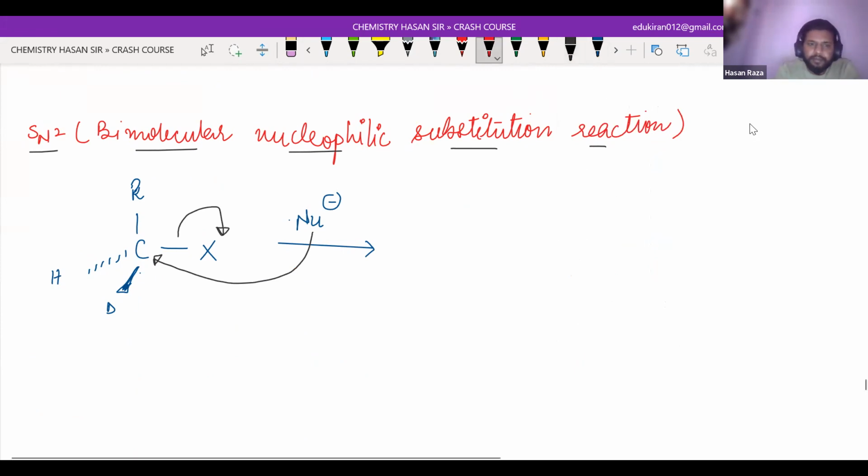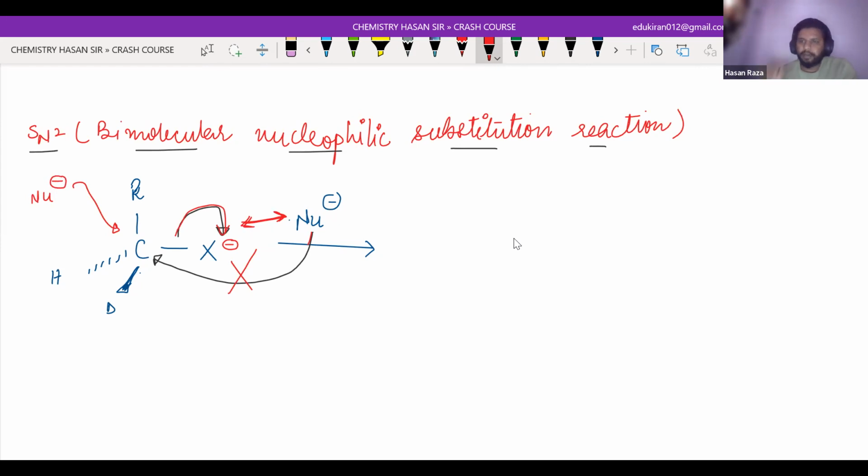But this way is not possible because when X takes electrons from carbon, there will be negative charge, and they will come in each other's way. There will be repulsion between these two because the nucleophile also has a negative charge, and this X minus also has a negative charge. So what will happen? The nucleophile will go backside, and then it will attack. Let me show you the reaction.